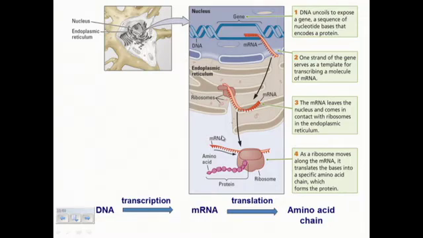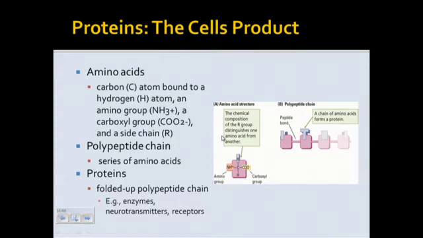To recap, the process from DNA to mRNA is transcription, and from mRNA to an amino acid chain is called translation. Amino acids all have the same structure: a central carbon atom, a hydrogen atom, an amino group, and a carboxyl group.